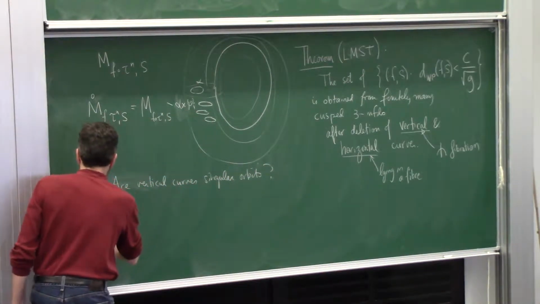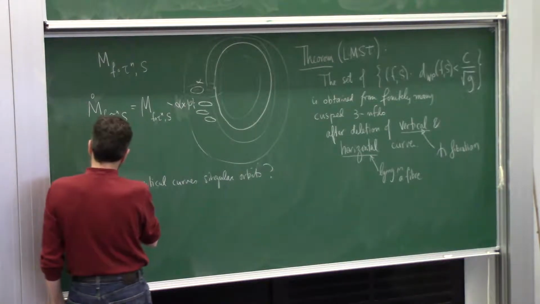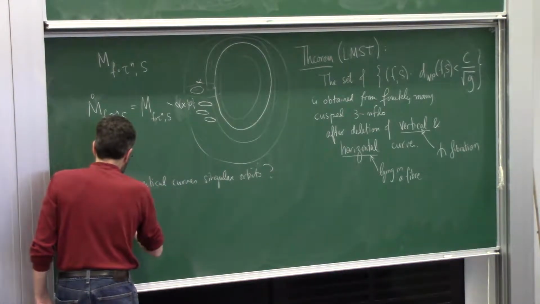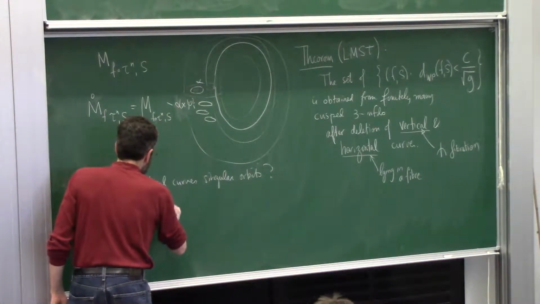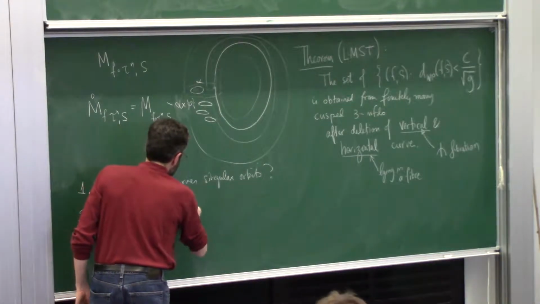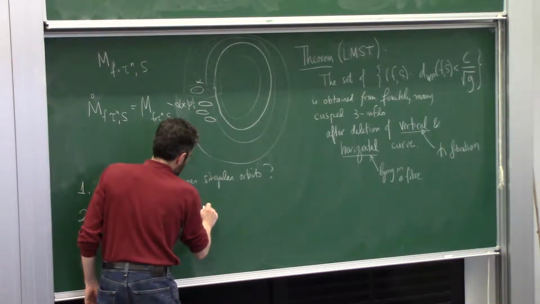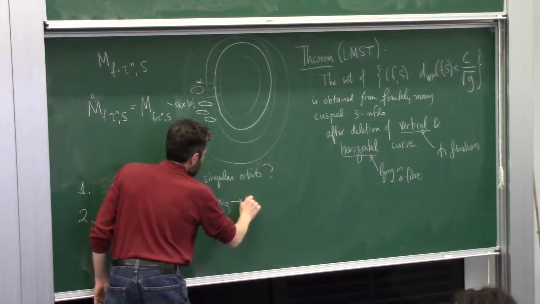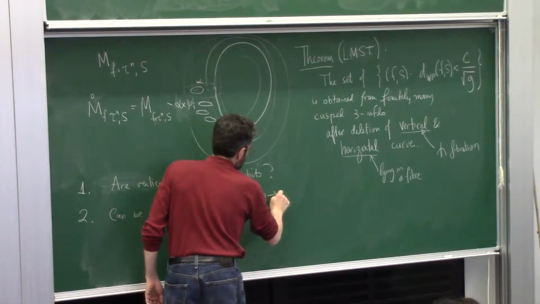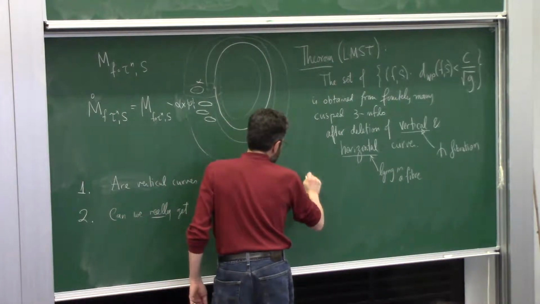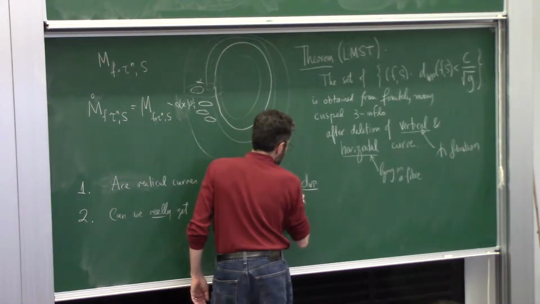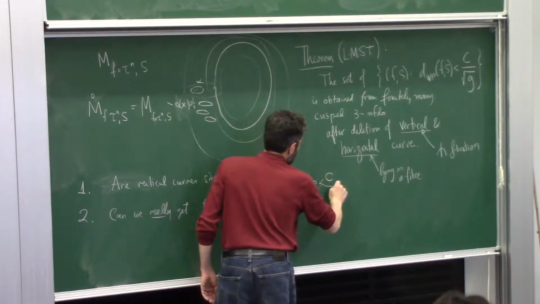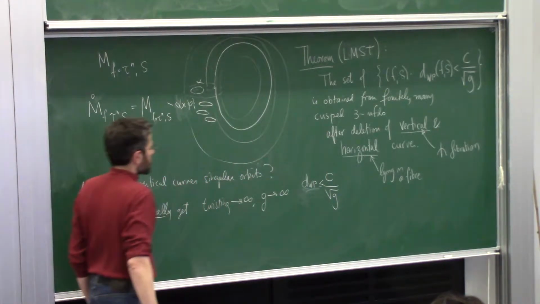And the second question is, can we really get the twisting going to infinity, genus going to infinity, and the normalized Weil-Petersson dilatation bounded?